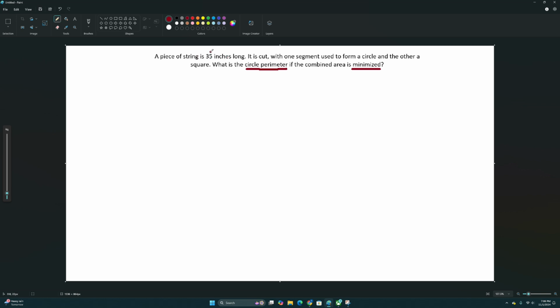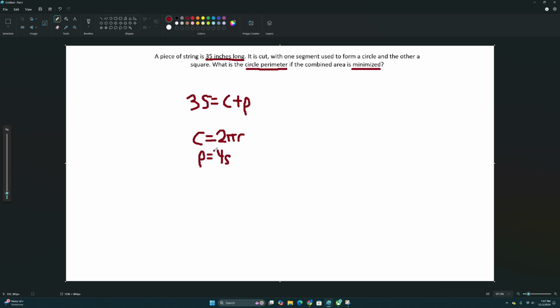So this right here, the 35 inches, I'll write it down here. 35 is equal to the circle circumference, which we'll put as C, short for circumference, plus the perimeter of the square, P. And of course down here you could write C is equal to 2 pi r, and then P is equal to 4 times the side length of the square.